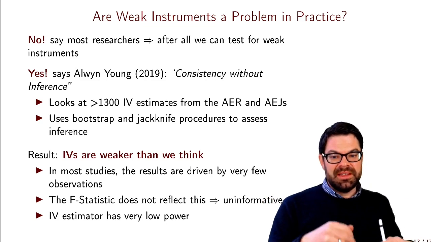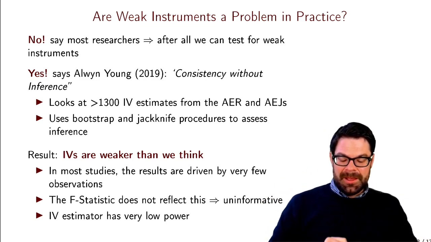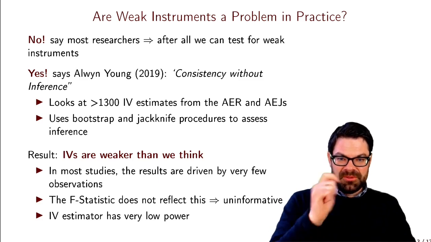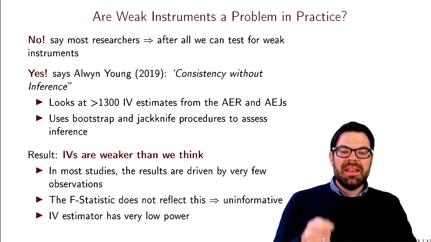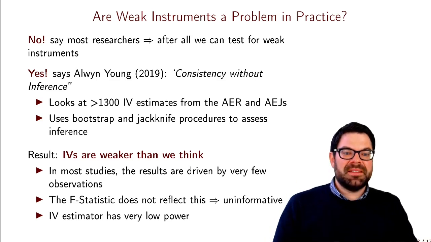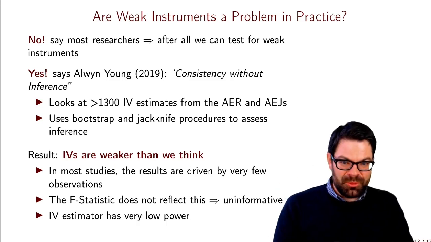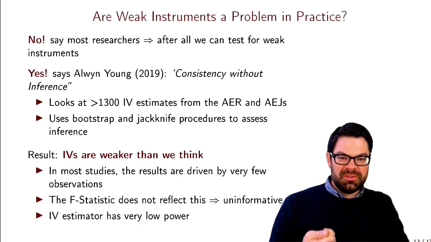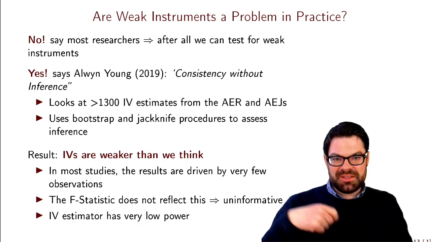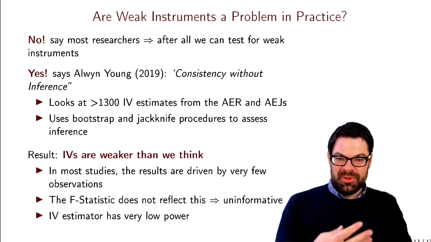Consequently, the F statistic that we use in this test, whether the coefficients in the first stage are significantly strong, also doesn't reflect that. And that was a huge discovery. Obviously econometricians had talked about this before, but he has shown that this is a really big problem.